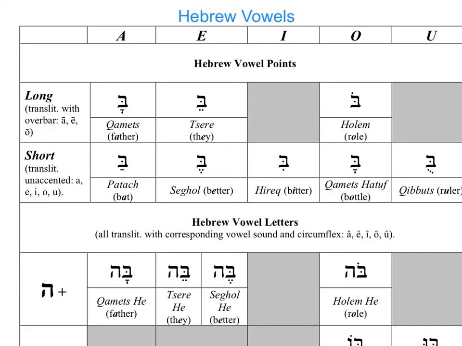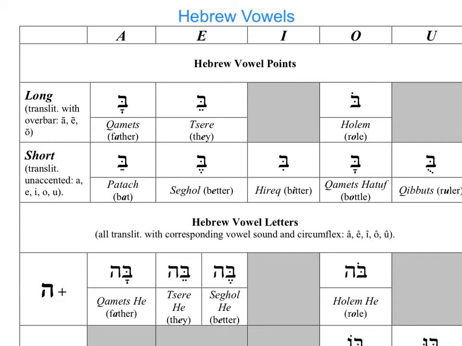So if we can go through that chart again in one fell swoop before moving down, the kametz was like father, ba. The patak, short A, bat, ba. The tsere was a long E, as in they, bay. The segol was a short E, as in better, be.